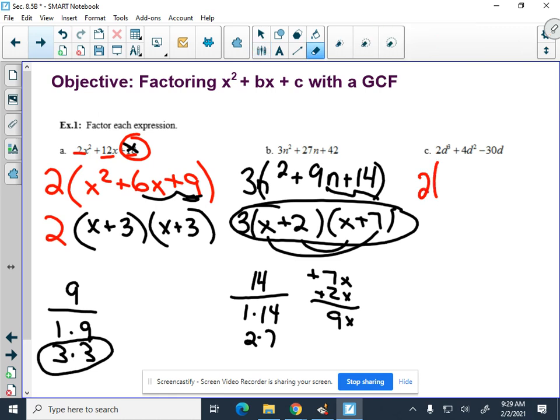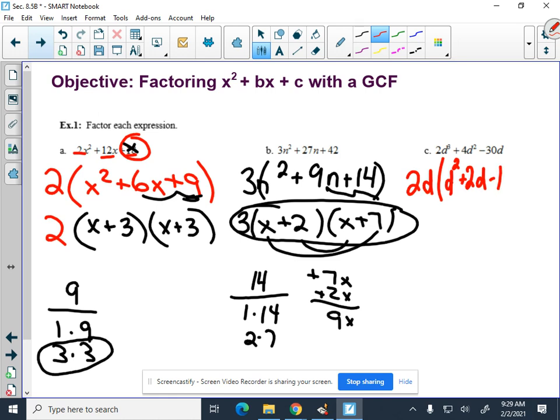But there's something else that can come out. So I can take out a 2 and a D.